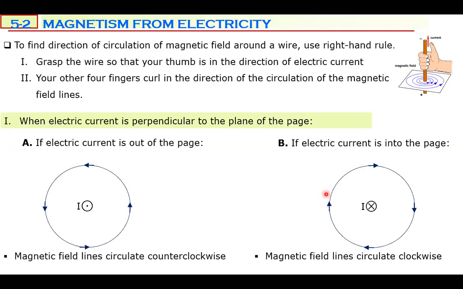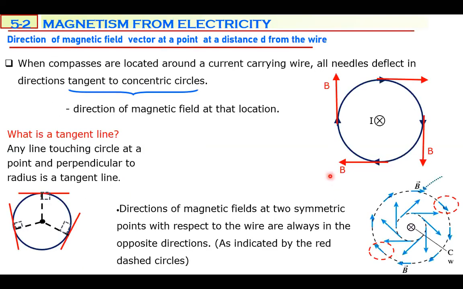So for every point on this circle, the magnetic field vector shows in a different direction. So consider the direction of the magnetic field vector at a point at a distance r from a wire. This is an electric current I which is into the page. So the circulation of the magnetic field lines is clockwise around this wire.